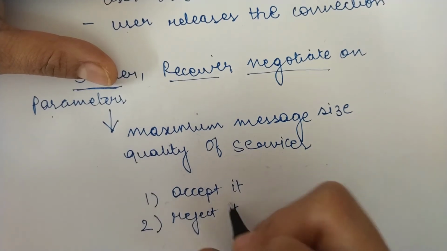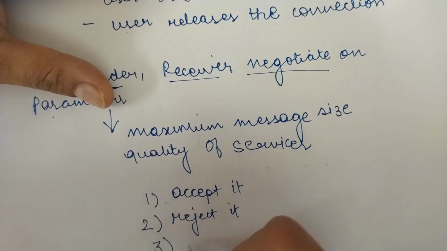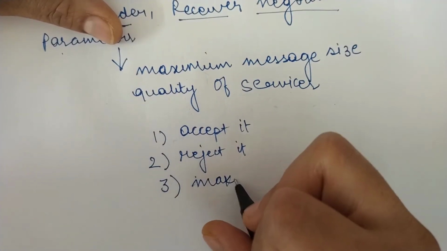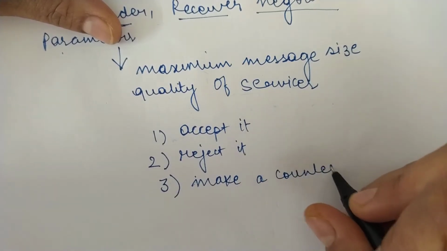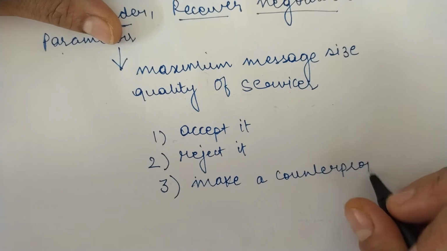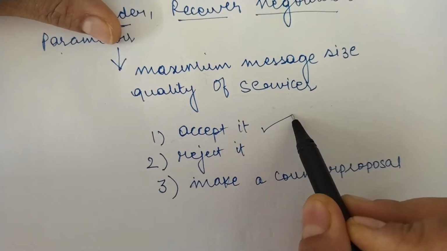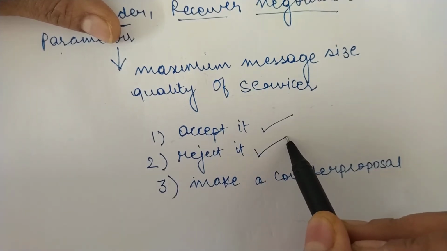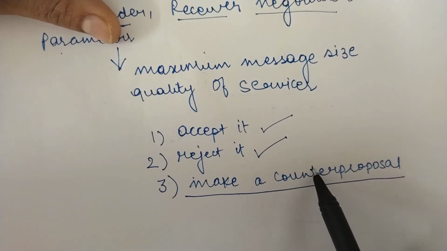Or the third possibility is that the other side can make a counter proposal. So either it is accepted by the other side if it likes it, rejected if it does not like it, or if it is somewhere in between, the other side makes a counter proposal.